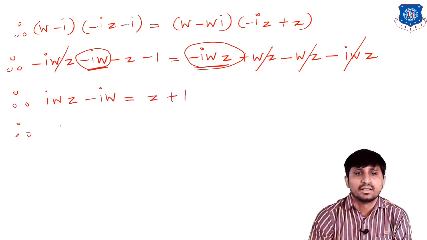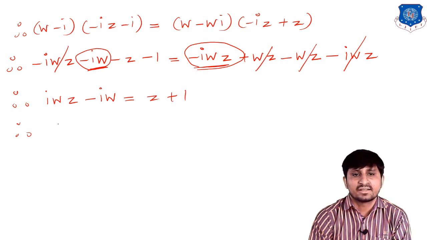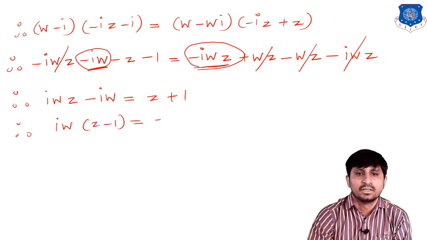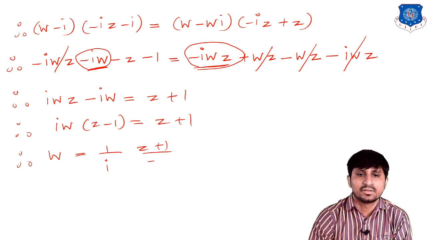So W I can just take as a common, so IW in bracket I have Z minus 1, that is equal to Z plus 1. So W is equal to 1 upon I into Z plus 1 upon Z minus 1.